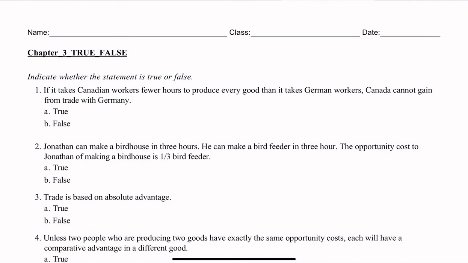If you look at the first half of this sentence, you would notice that this part talks about absolute advantage, right? So basically, it says Canadian workers have absolute advantage over German workers. However, the benefit of trade does not depend on absolute advantage. So this is false.